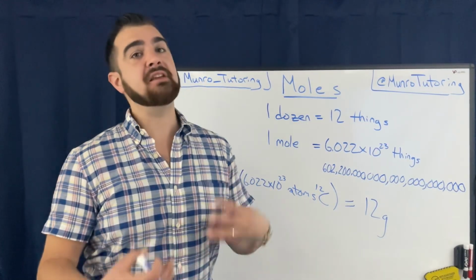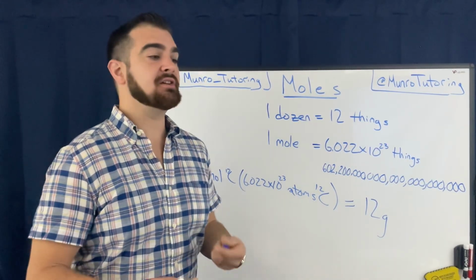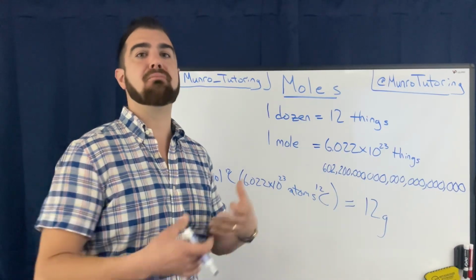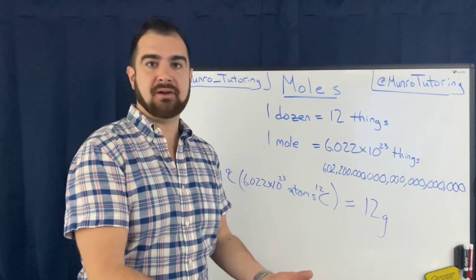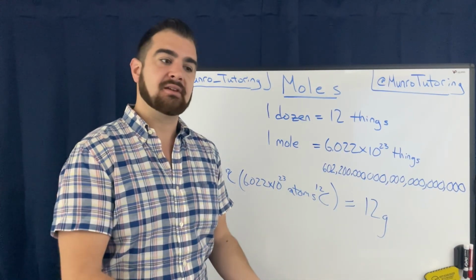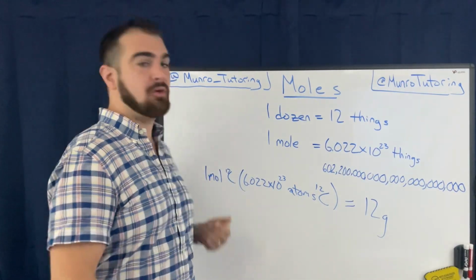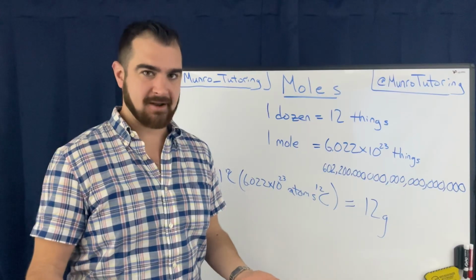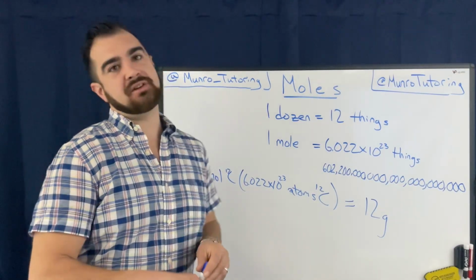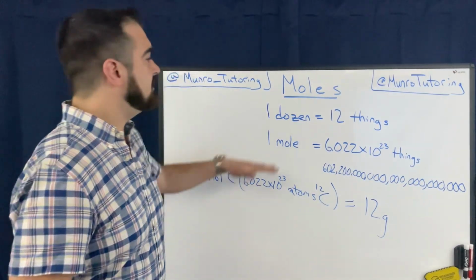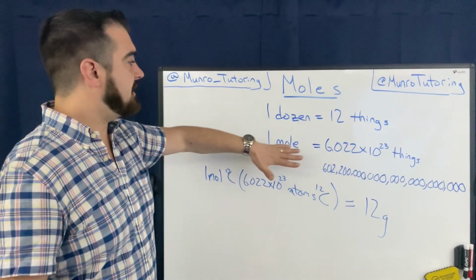So it's really convenient to use a mole because it allows us to use the molar mass of a compound or the atomic mass of an element as its weight in grams if we have a mole of that substance.